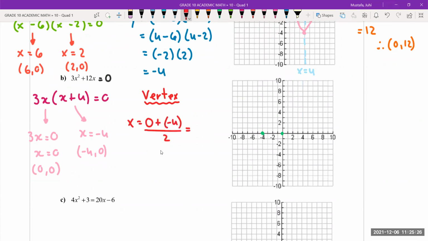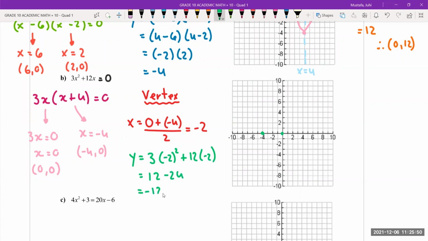And then to figure out the y version of this, you're going to put this into either one of these equations, the original or the factored. The number is going to be a little bit big. I guess for this one, I'm just going to put it into the original, which is going to be -2 squared times 3 plus 12 times -2. This is going to be 3 times 4, which is 12, minus 24.